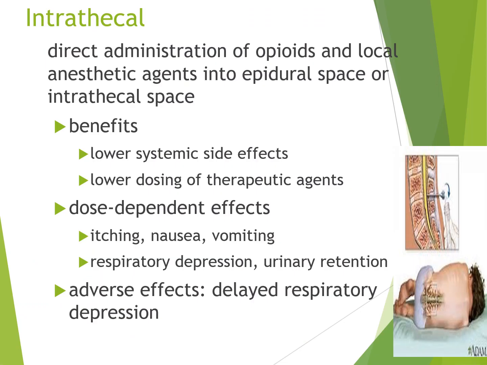There's direct administration of opioids and local anesthetic agents into the epidural space or the intrathecal space. The benefits: lower systemic side effects and lower dosing of therapeutic agents. Then, of course, dose-dependent effects: itching, nausea, vomiting, respiratory depression, urinary retention, and the biggest adverse effects, of course, are delayed respiratory depression and having those biggest issues with the airway.